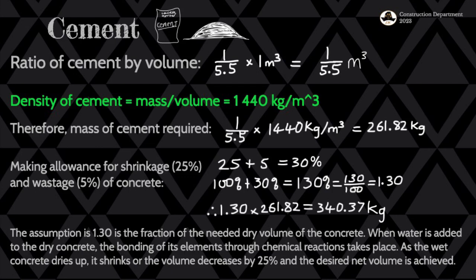When the concrete starts to dry up after adding the water and mixing, the volume is going to decrease because the materials are now bonding together due to chemical processes. You can go and research more about that.